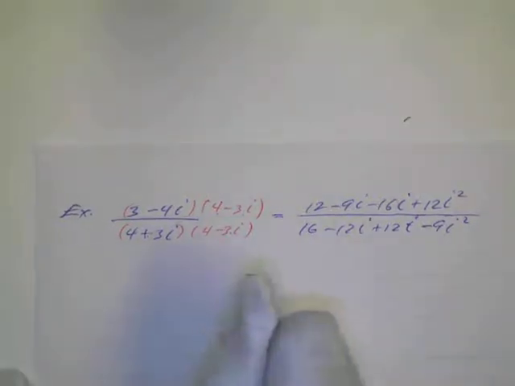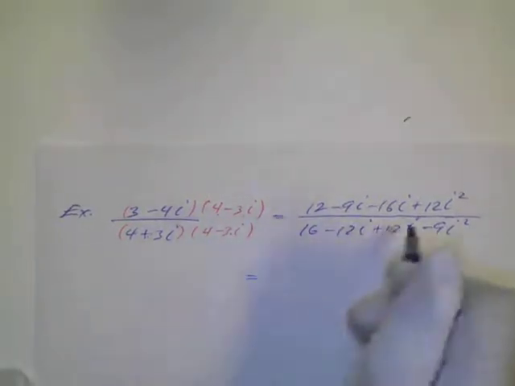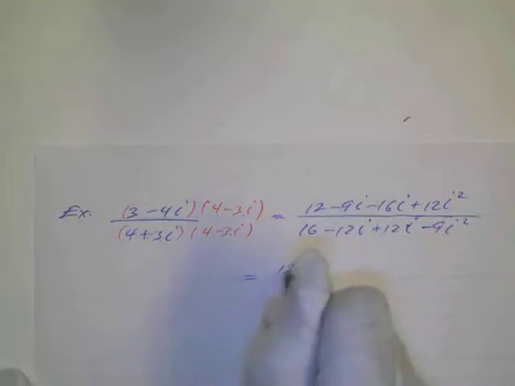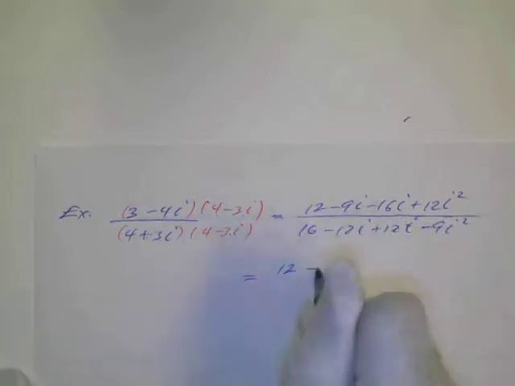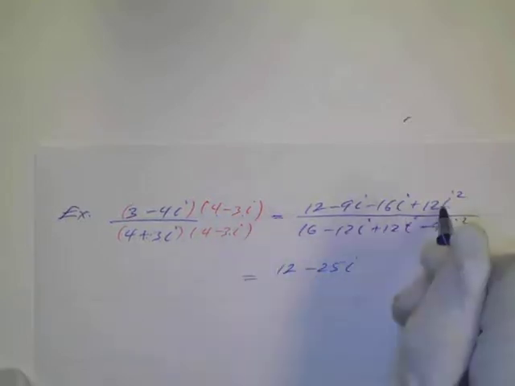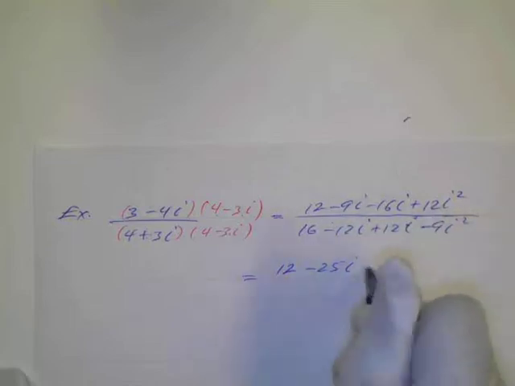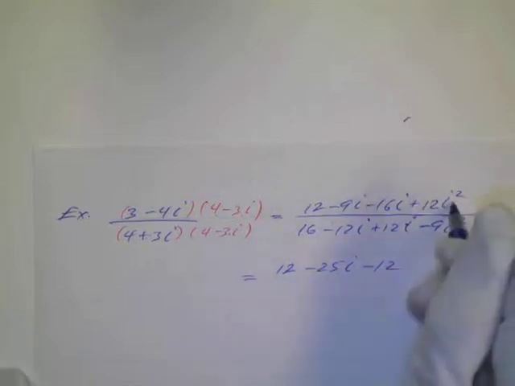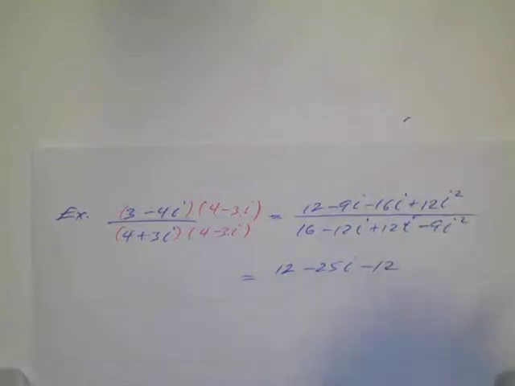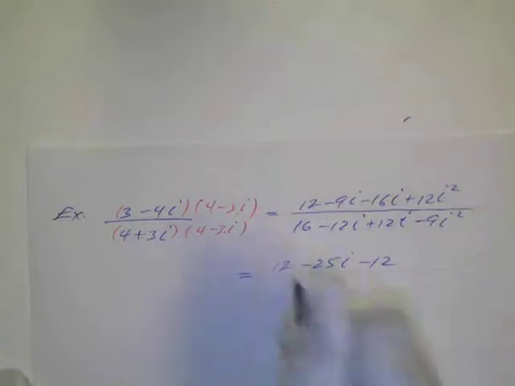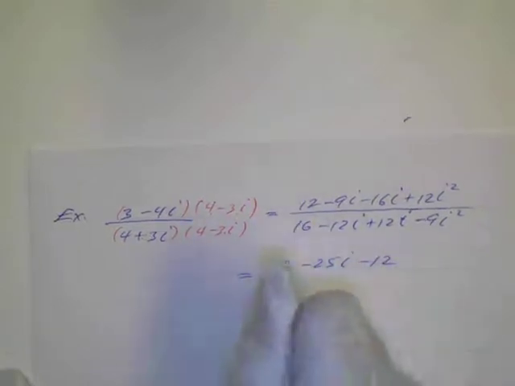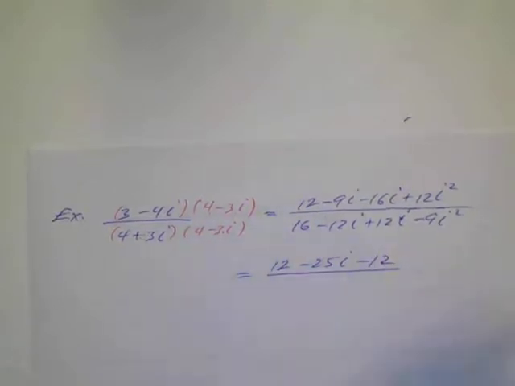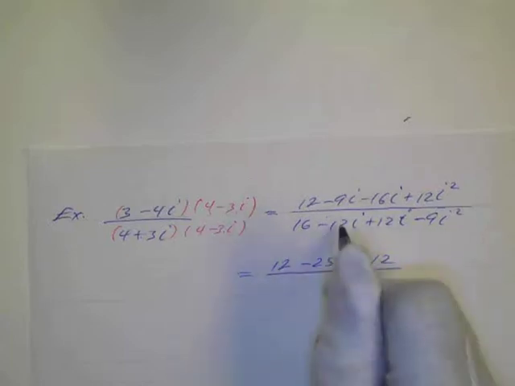So now let's simplify this. So we've got 12. And negative 9 and negative 16 is negative 25i. And this is going to end up being negative 12, because i squared is negative 1. So negative 1 times 12 is negative 12. Oh, looky here. They just zero out. That's interesting. Okay, and in the bottom, these are opposites.